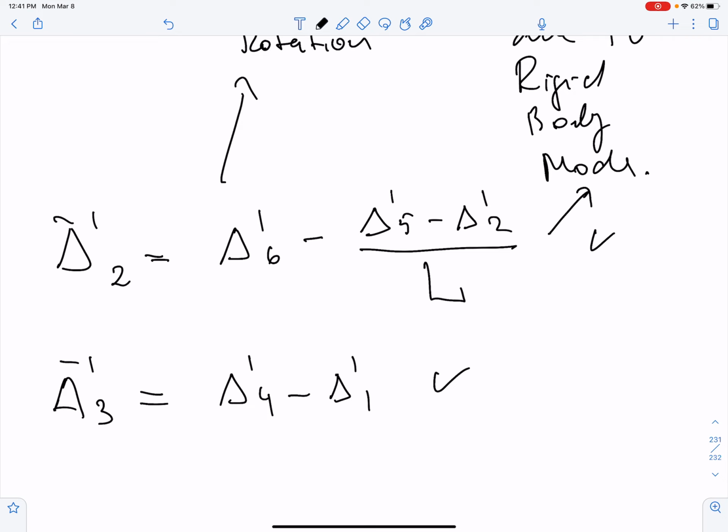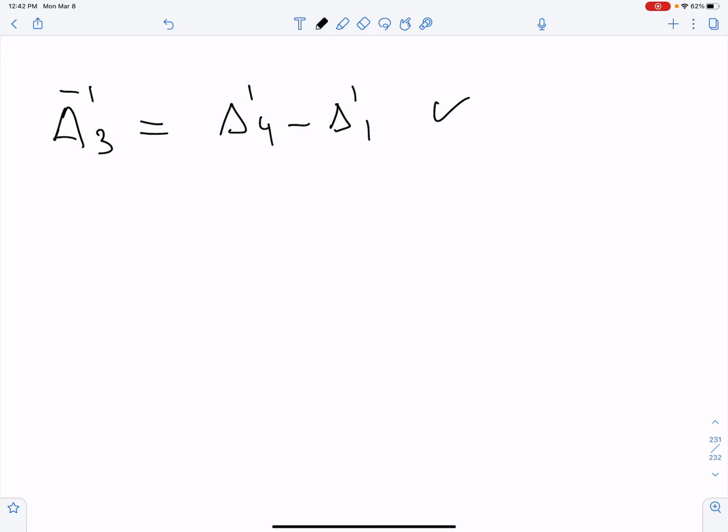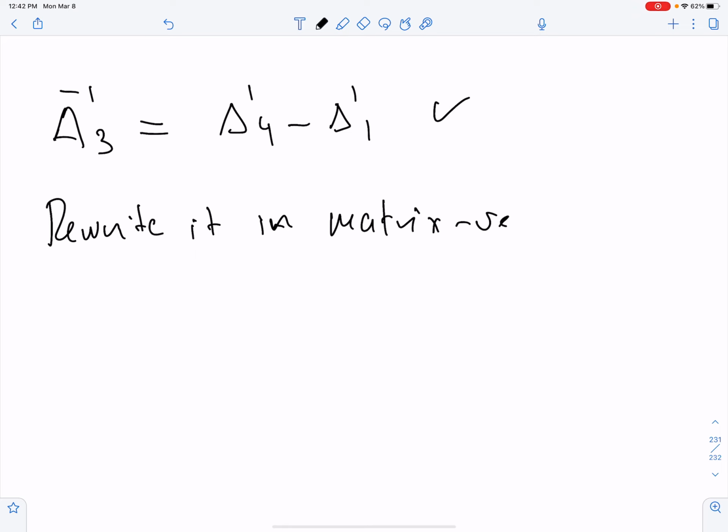And so now you see that on the left-hand side, you get a vector of basic generalized displacements. On the right-hand side, you see some functional relationship that's expressed in terms of local displacements. And so all that remains to be done is you rewrite it in matrix vector multiplication form.